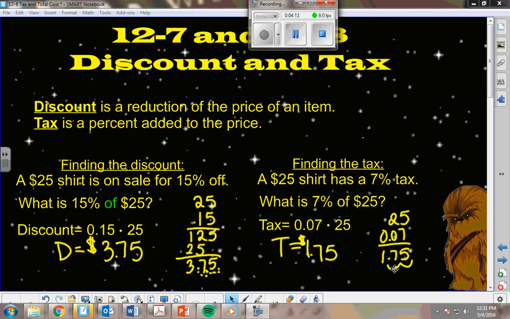All right, so we see, and that makes sense. 7% of 25 should be less than 15% of $25. So we're able to find the discount of a $25 shirt and the tax of a $25 shirt.